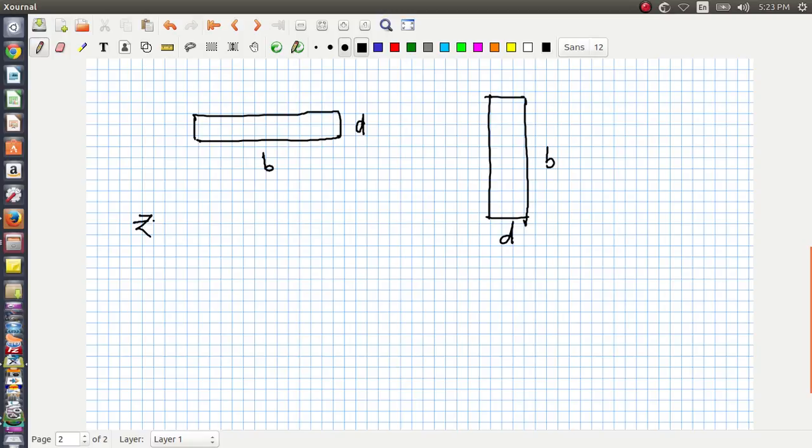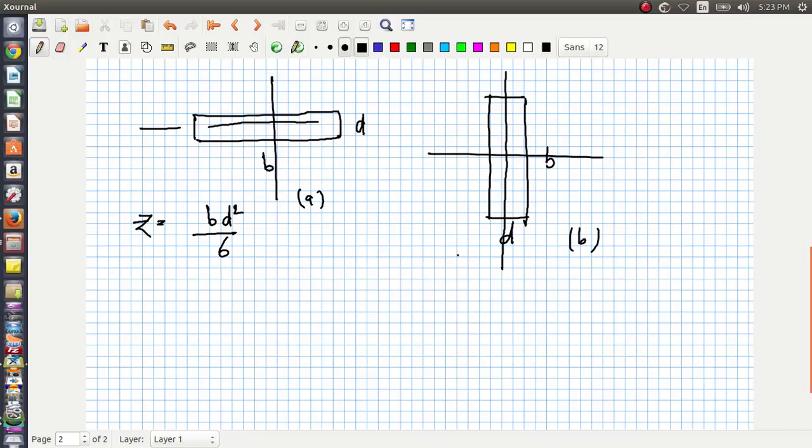So Z in this case, this is a and this is b. The section modulus for the first case, as we have already calculated, is going to be b d square by 6. Now the b and d quantities will switch in the second case.